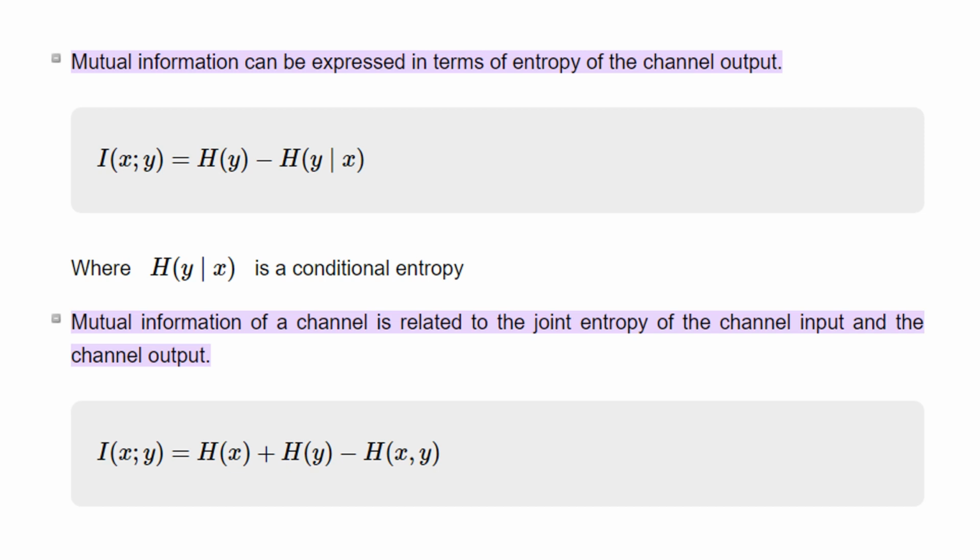It is given by I of X comma Y is equal to H of X, which is the entropy of X, plus H of Y, which is the entropy of Y, minus the joint entropy, which is H of X comma Y. In practical applications of mutual information in information theory, it plays a major role in determining whether the channel is good or not in order to transmit the information.